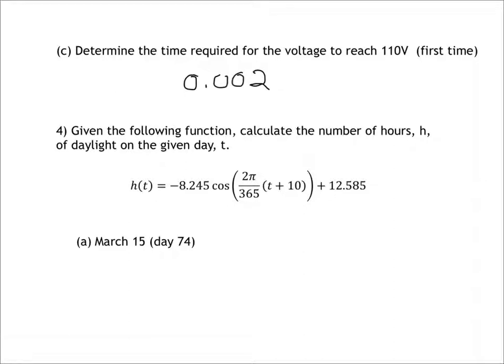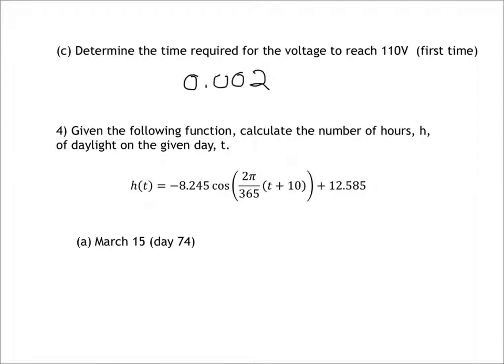And continuing in that kind of theme, the example on page 272 goes through the steps about how to come up with the function h of t equals negative 8.245 cos(2 pi over 365 (t plus 10)) plus 12.585. But the most interesting part is once you get to that point, it'd be very useful to be able to figure out an h of t value once you know t.